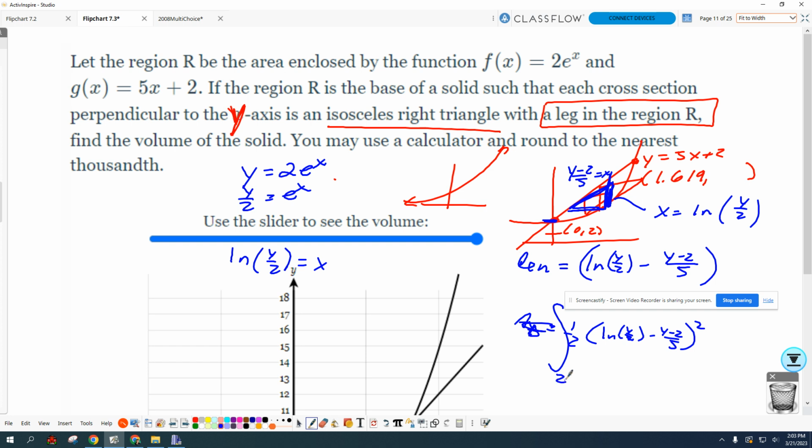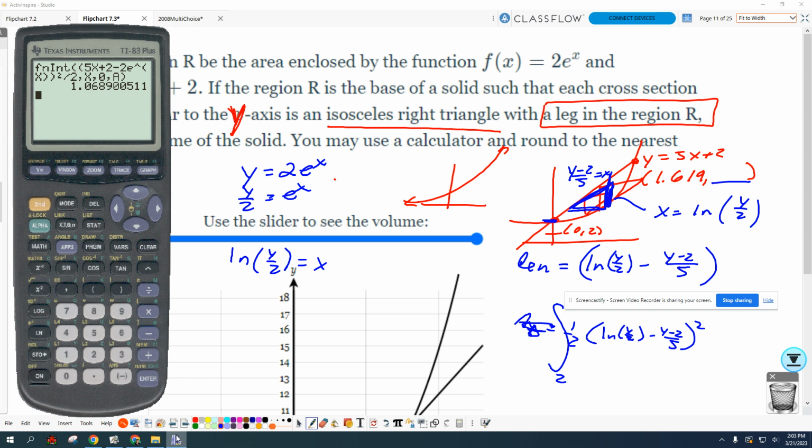And I should have written it down, the y value of the intersection point. Calculate the intersection point. That's 10.0934. Top curve, bottom curve, go. 10.094.